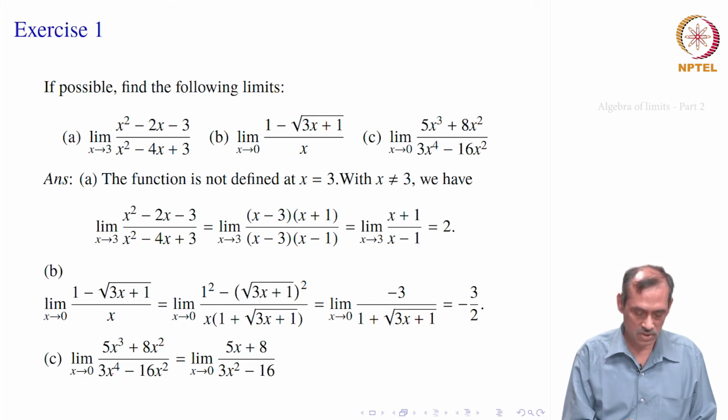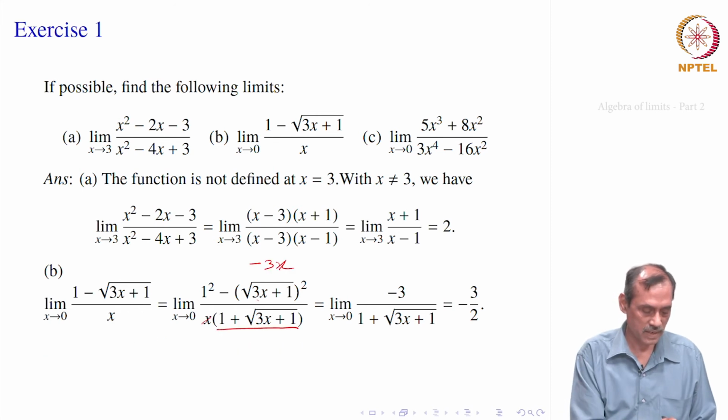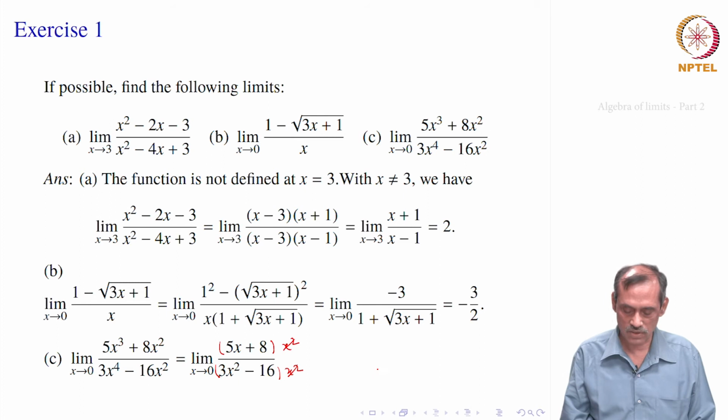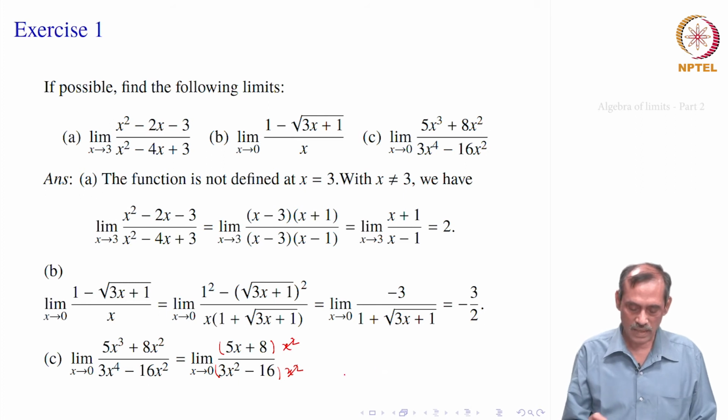So, we see that we can take x square out from here, it is x square times 3x square minus 16, and the top also is x square times 5x plus 8. So, we cancel this x square and we get 5x plus 8 divided by 3x square minus 16, and then we can find the limit of the numerator and denominator separately and divide them.